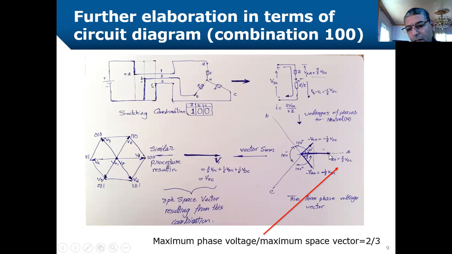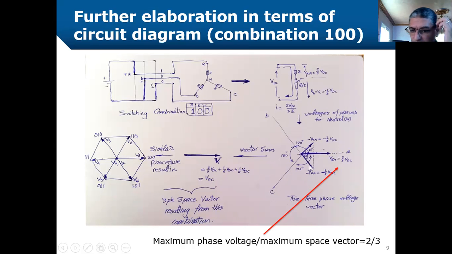So this is VAN. VBN is negative, so we draw it in the opposite direction with magnitude VDC by 3, and VCN also in the opposite direction of the positive phase C with magnitude VDC divided by 3. The enclosed angle here is 60 degrees, and the component in this direction is VDC by 3 multiplied by cosine 60 degrees, which results in VDC by 6.